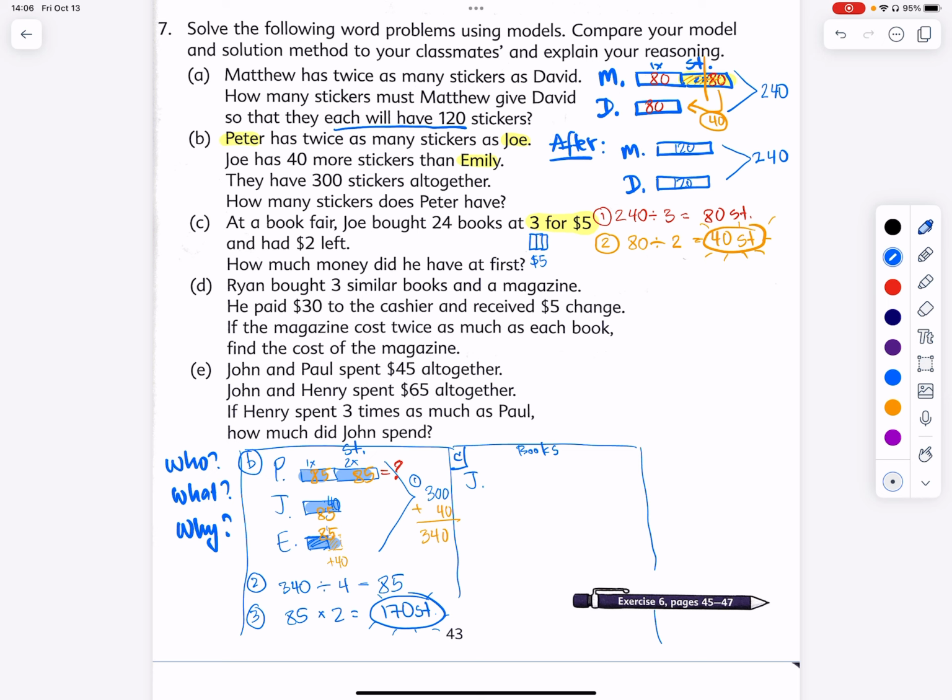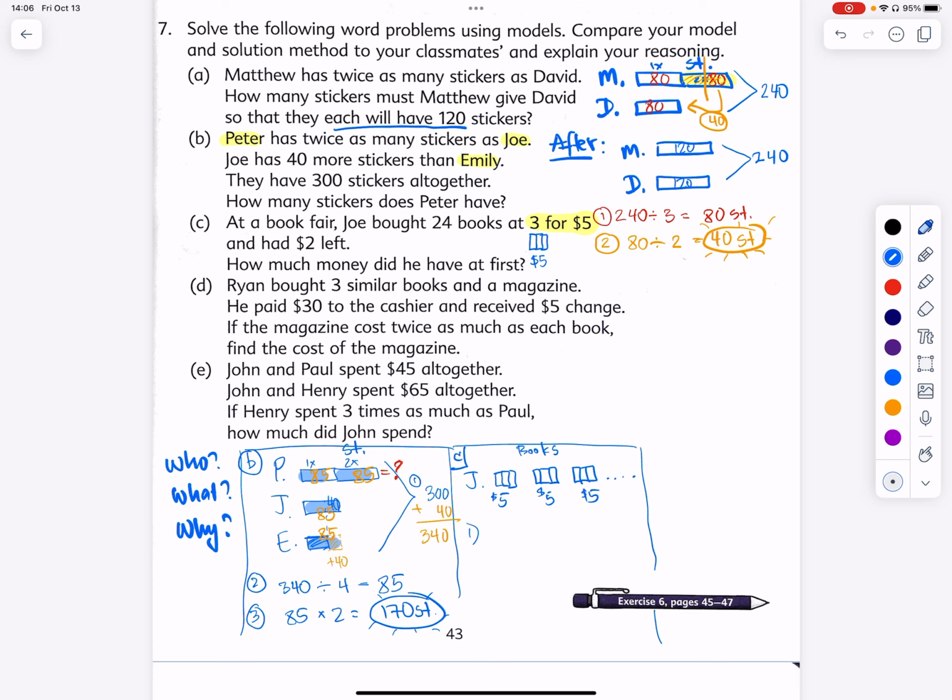He bought 24 of them, in stacks of 3, $5, $5, $5. My friends, if he bought 24 altogether, that means he bought 8 bundles, 8 stacks.